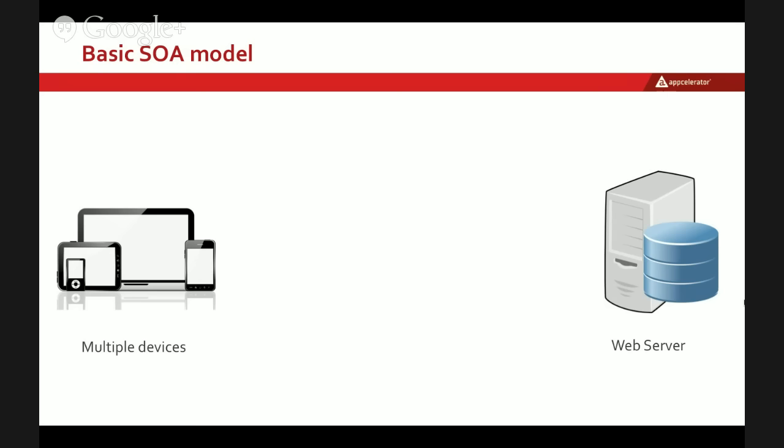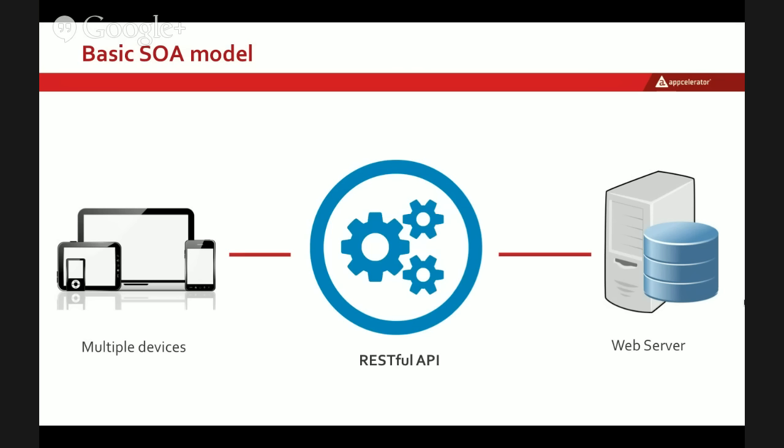And then if you want to give access to external devices, what you do is you build RESTful APIs. Those APIs are the ones who can touch your data on your web server, and the devices or computers outside of your network will simply access the RESTful API.